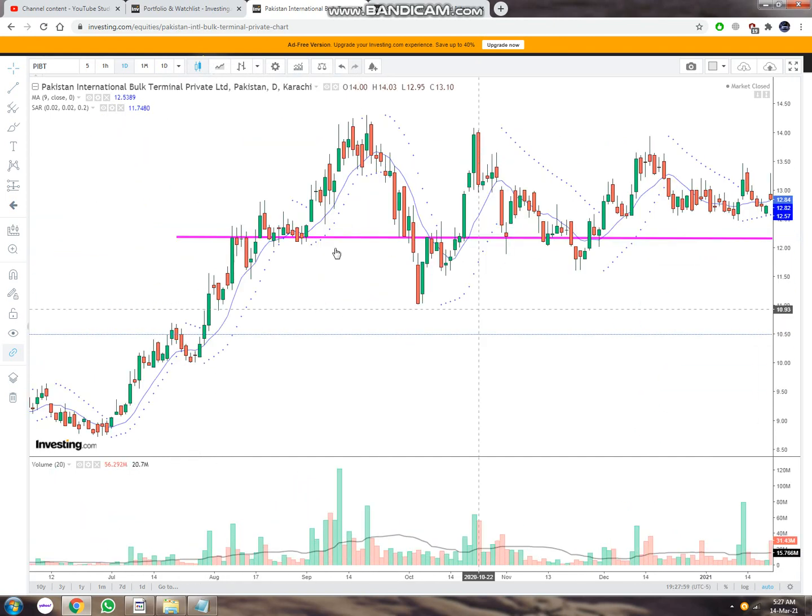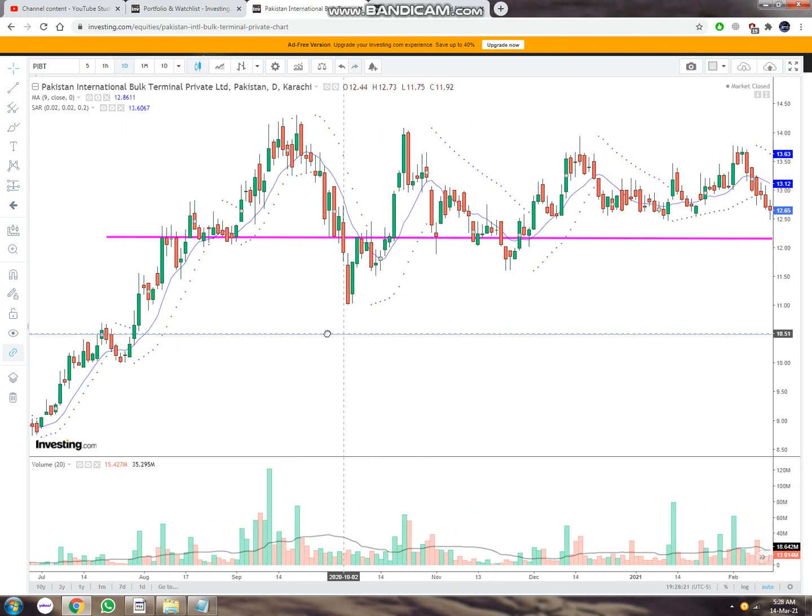You can see that this area acts as a resistance level for the price in this part, but as it broke this trend line it moved up, confirmed its position at two levels, and then moved up because it was now acting as a support level. Because it was acting as a resistance level, after the breakthrough it will act as a support level, and then the stock moved upward.